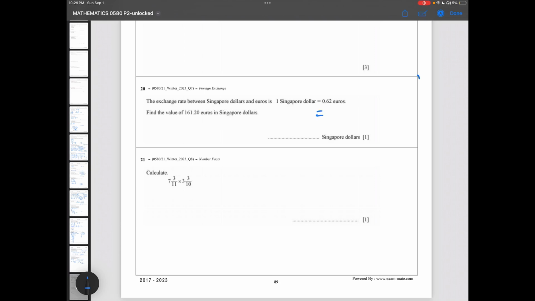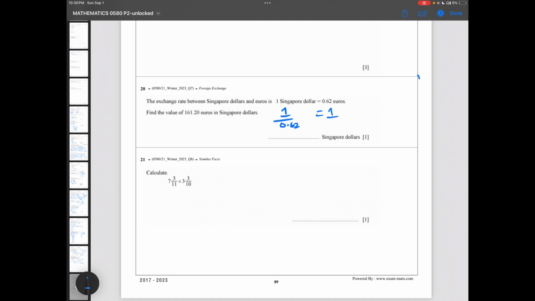In order to get the value for 1 euro, if I divide 0.62 by 0.62, I get 1 over here, and on the left side I will do the same thing. I will divide 1 by 0.62. In this way I will be able to get how many dollars are there in 1 euro.